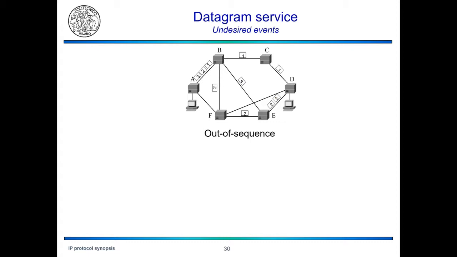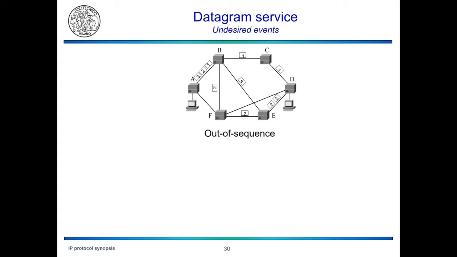The result is that D receives packet 1, then packet 3, and then packet 2. Because if you assume that the number of hops is proportional to the propagation delay, packet number 2 arrives later than packet number 3, but packet number 2 has been transmitted before packet number 3. So at the end, D receives the packets out of order, so in an out of sequence way.